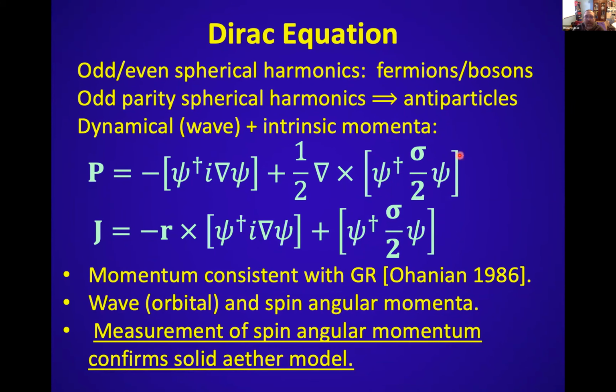This intrinsic momentum actually has been derived previously under different circumstances in order to get consistency with general relativity. And in terms of the angular momentum, we have the orbital and the spin angular momentum. And I would argue that the measurement of spin angular momentum is a strong confirmation of this elastic solid model.